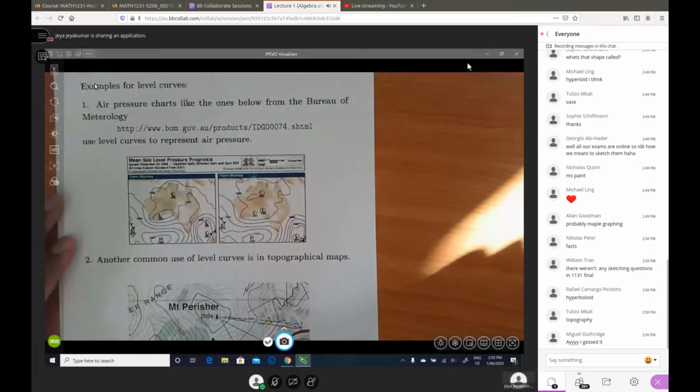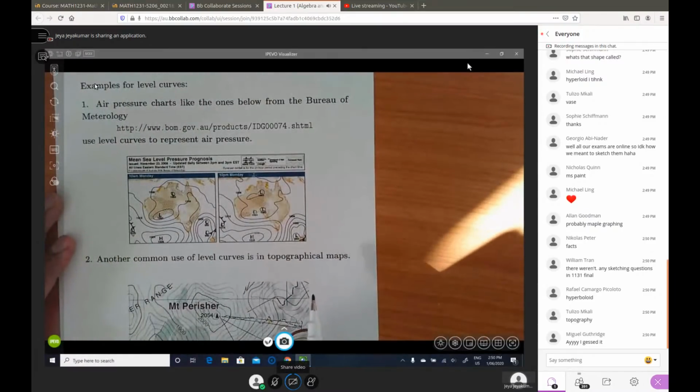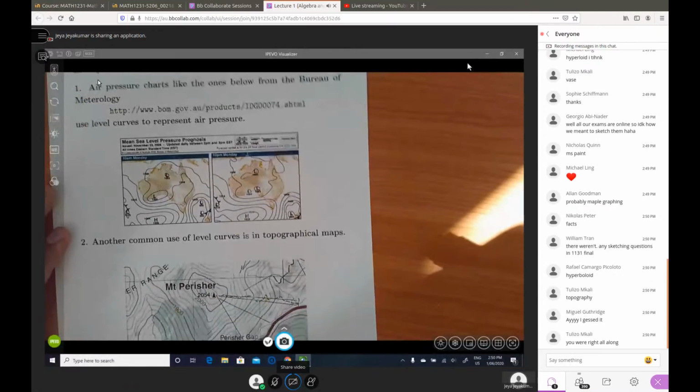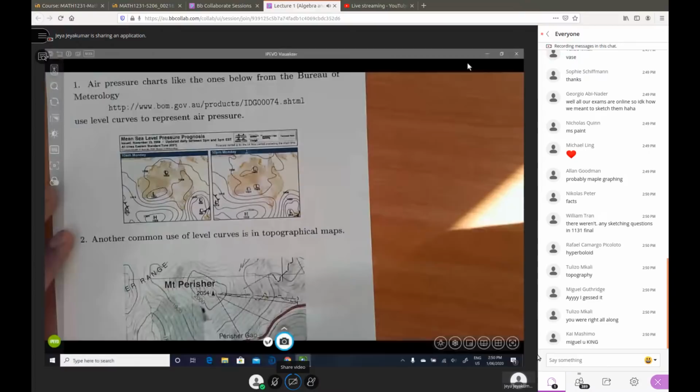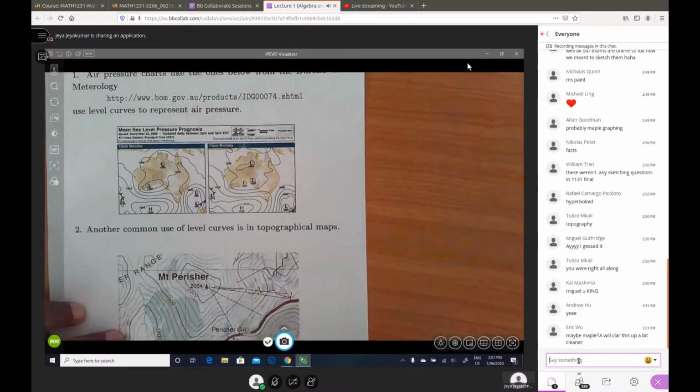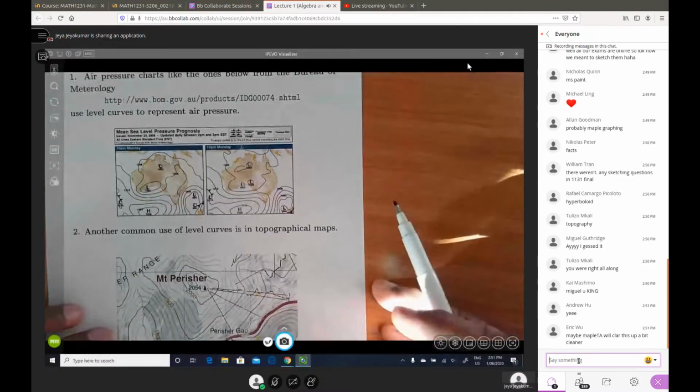Here's another example of level curves: topographical maps, which describe a mountainous region. If you walk along this path in the mountainous region, you stay at the same height because that value is constant, right? So level curves are used in topographical maps of mountainous regions and so on. So that has a practical application.